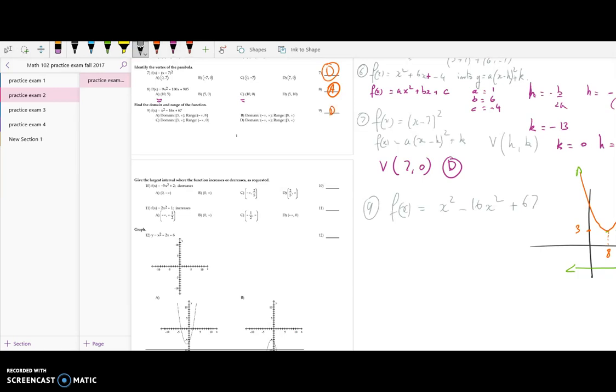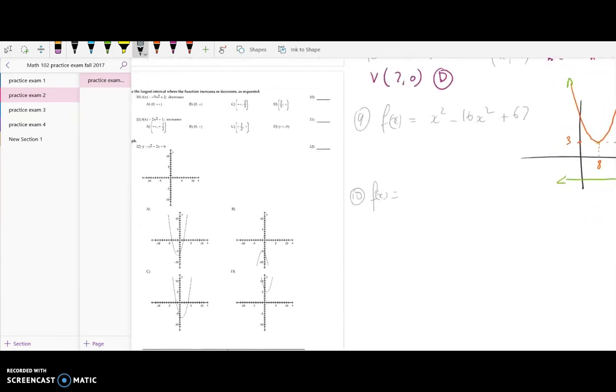Problem number 10. What do we have? We have f of x equal negative 5x squared plus 2.